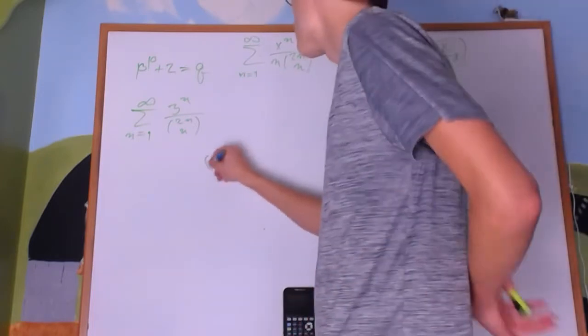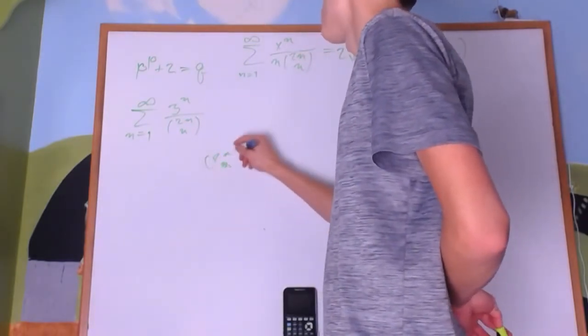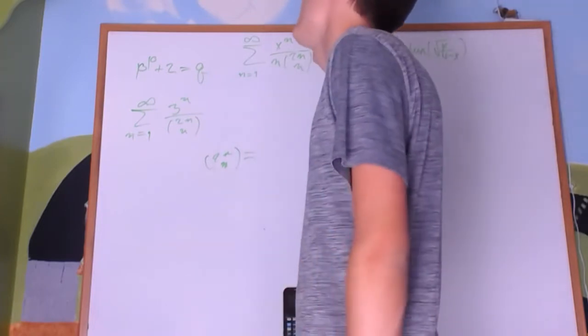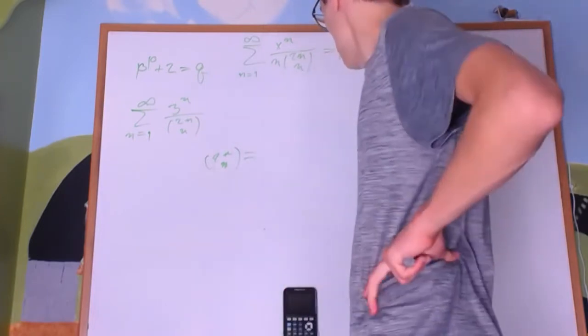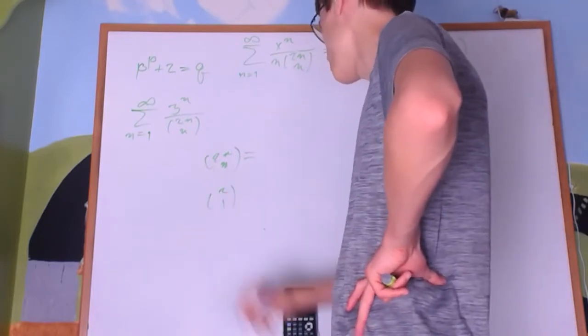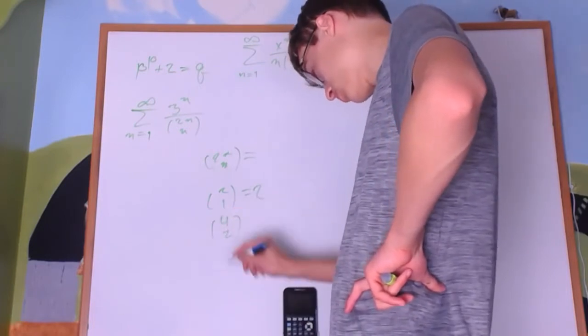Alright, let me try to think of what 2n choose n is. Oh, I forgot the definition. It's related to, okay, let's do 2 choose 1. It's 2. 4 choose 2.